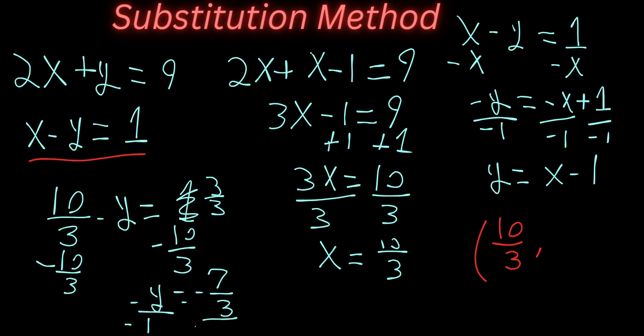Divide both sides by negative 1, and you would get y equals 7 thirds. Good luck finding that answer through graphing.